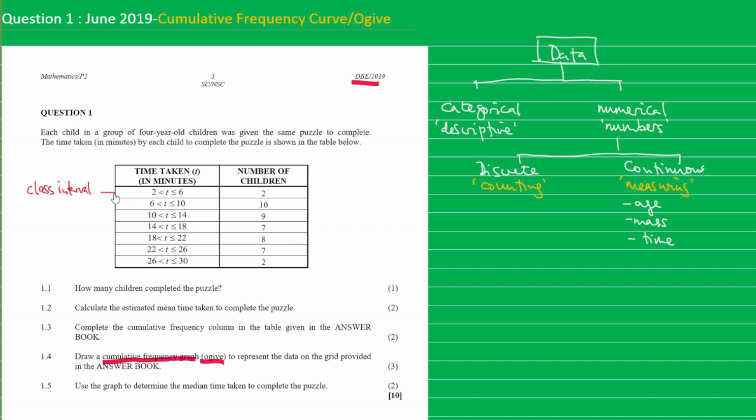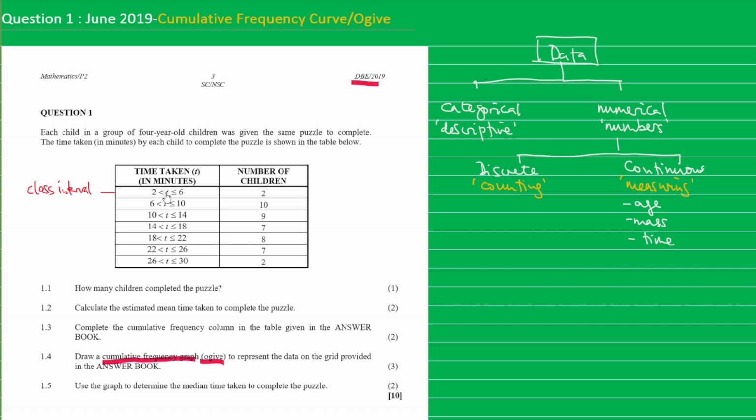With class intervals, we are grouping the data values together. We are classifying them. For example, in this case, we have a survey where a certain number of children took some time to complete a puzzle. Because we might have so many data entries, some might take 2 minutes, some 3 minutes, 4 minutes, 5 minutes, we tend to group them together.